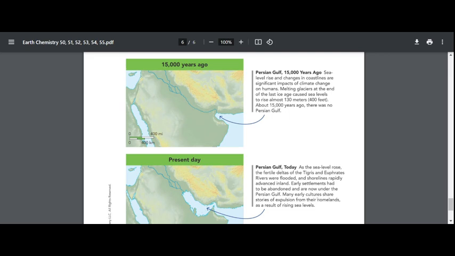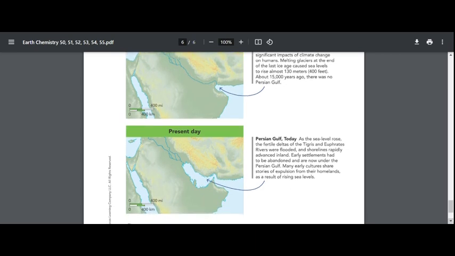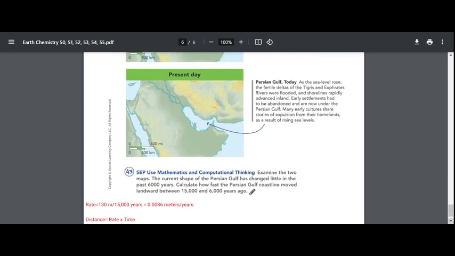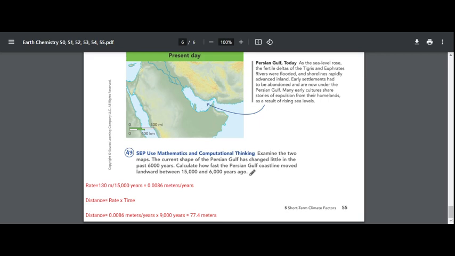Many early cultures share stories of expulsion from their homelands as a result of rising sea levels. Okay, so now we're going to go ahead and examine the two maps. The current shape of the Persian Gulf has changed little in the past 6,000 years.